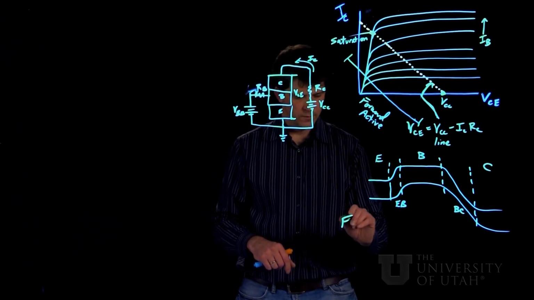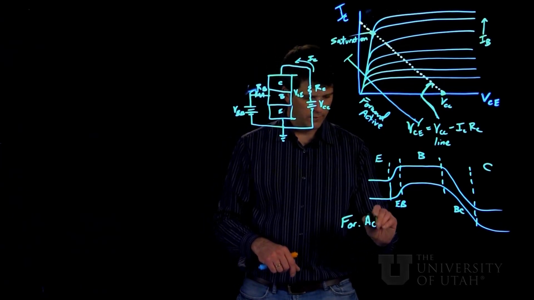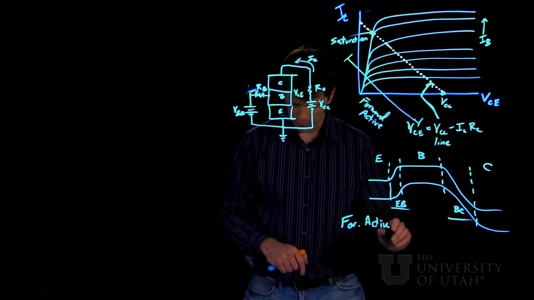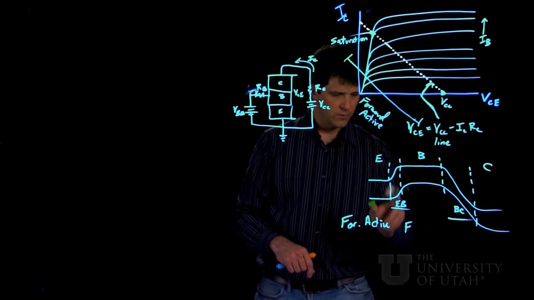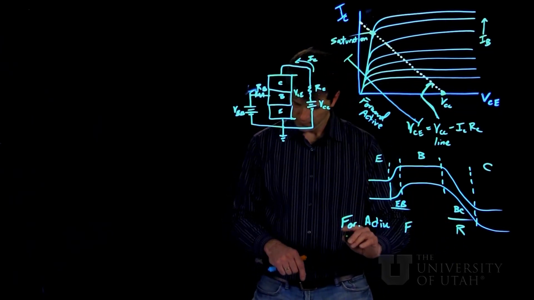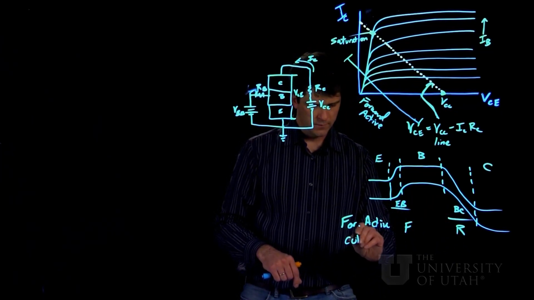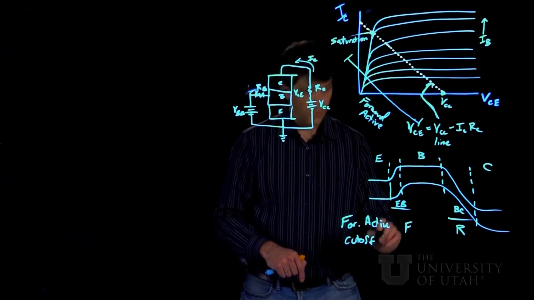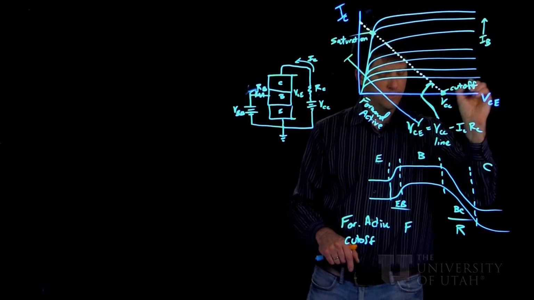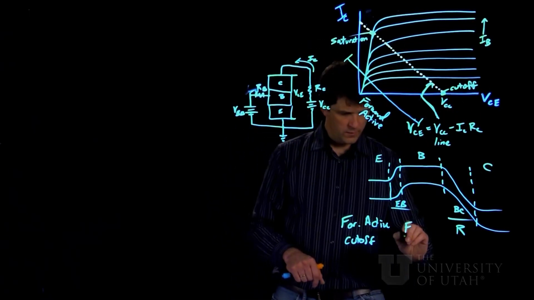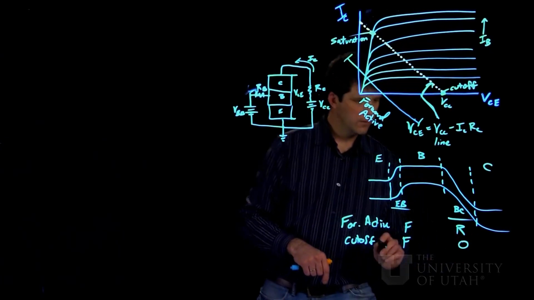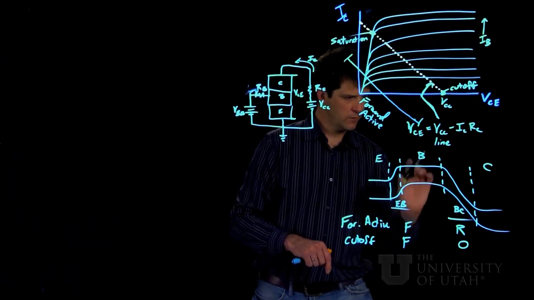So the forward active mode, and I'm going to write down in columns here, we have the emitter base junction in forward, the base collector junction in reverse. At cutoff, which is actually going to occur right at this point, the injecting junction is still in forward, but the collecting one is actually just at 0.